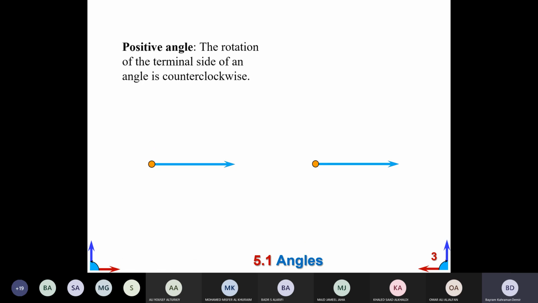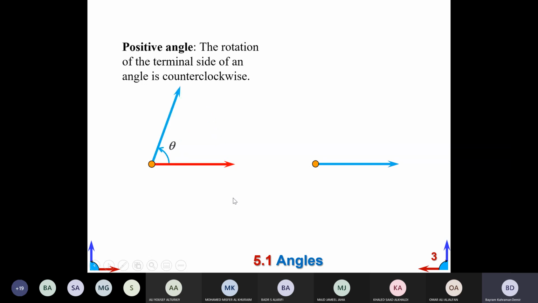It depends on the direction of the rotation, Shabab. If the rotation is opposite to clock rotation, counterclockwise, then we are going to call it a positive angle, as in the example, Shabab.